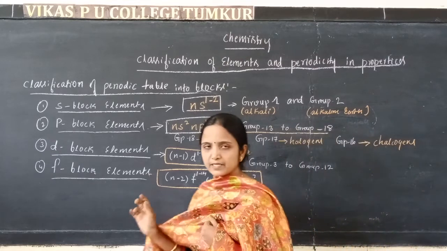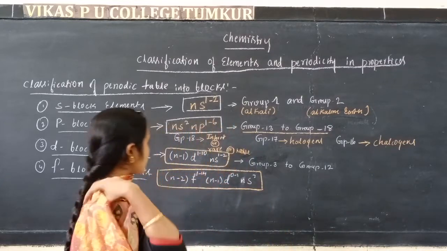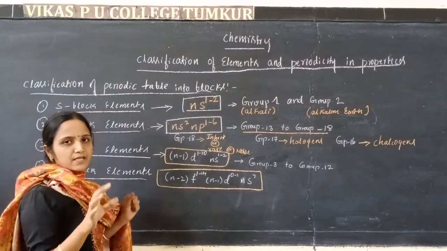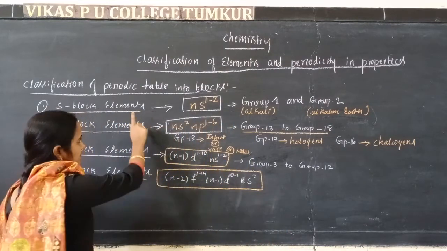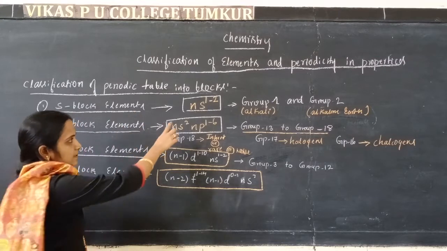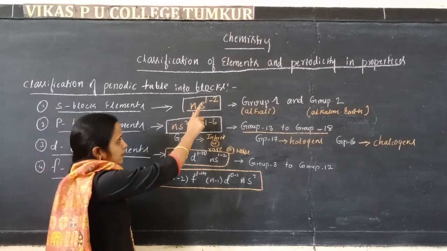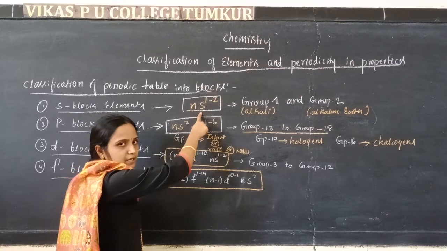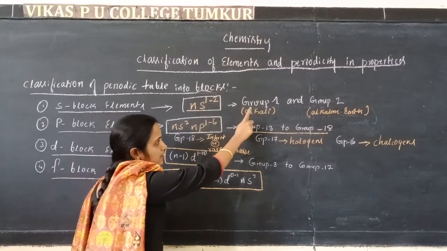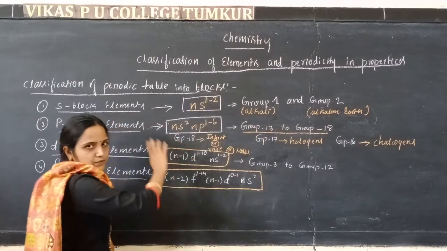Once again we will recall this. In the s block elements, the last electron enters the s orbital of the valence shell. This is about the outer, general electronic configuration. Group 1 and group 2 belong to the s block.